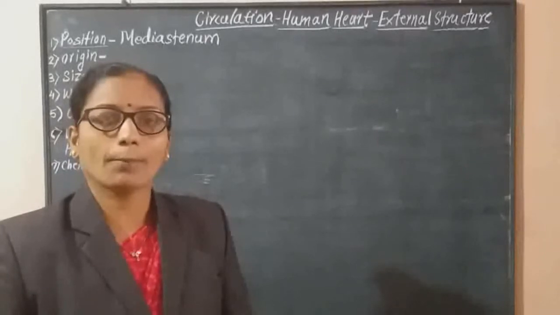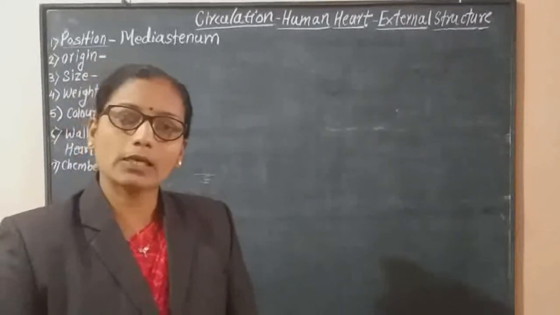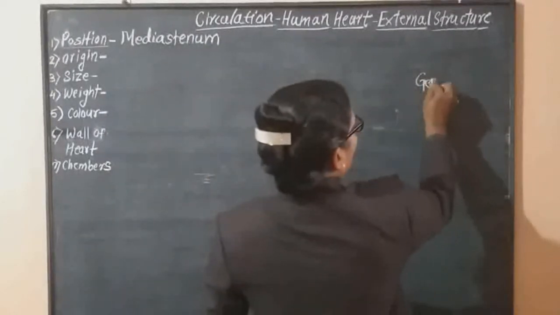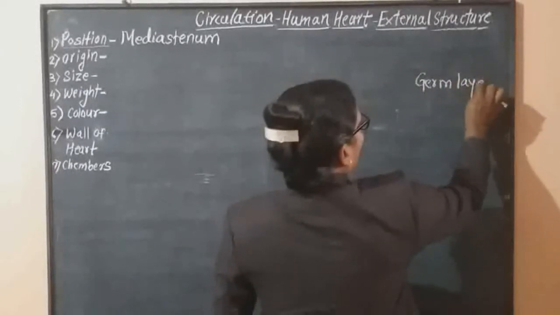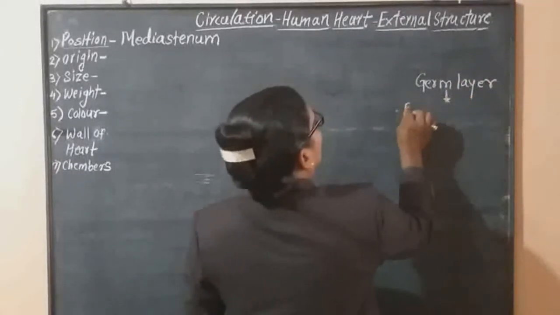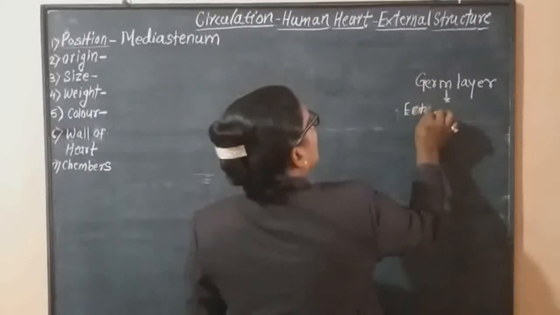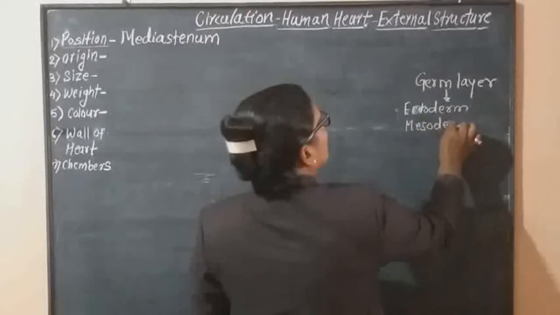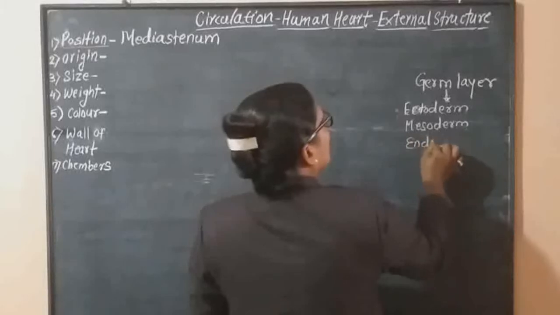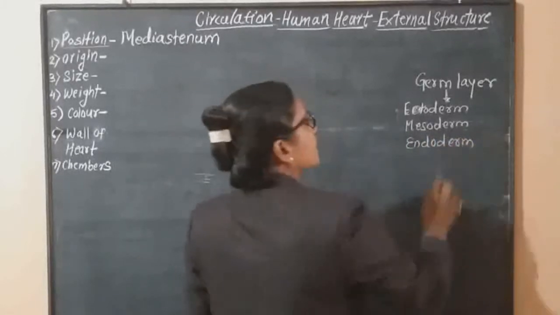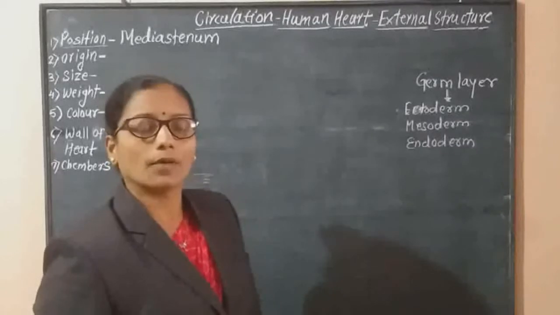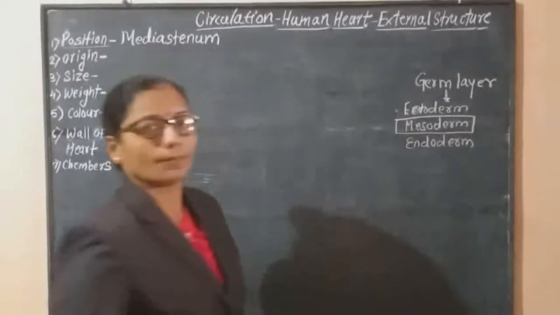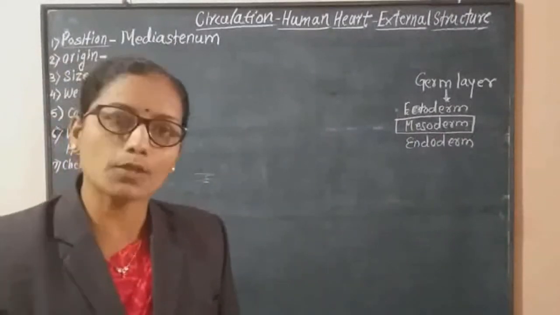During embryonic development, human body organs are developed from basically three layers. These three layers are called germ layers: first ectoderm, second mesoderm, and third endoderm. These are the three germ layers from which human body organs are developed. Now the human heart is developed from the mesoderm.